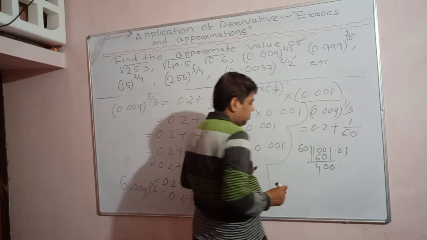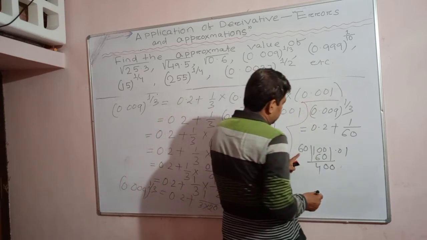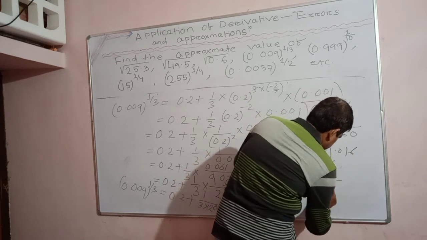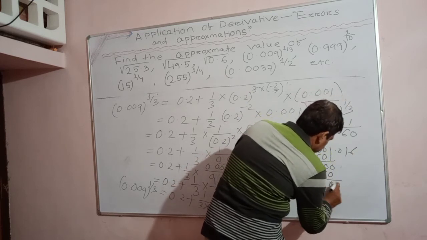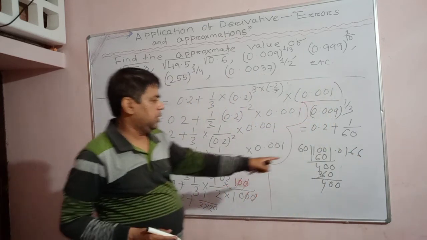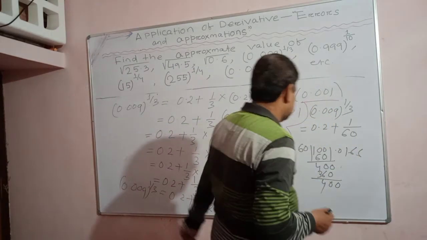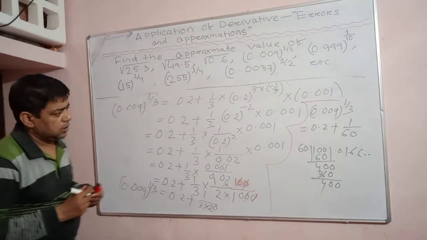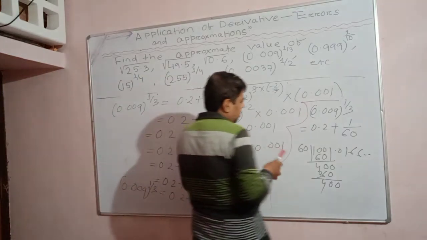Again 0. 6 into 7 is 42, 6 into 6 is 36. 10 minus 6 is 4. Again 0, again 6 into 6 is 36. So it will continue, 0.0166. It will continue like this. Okay. Understand?